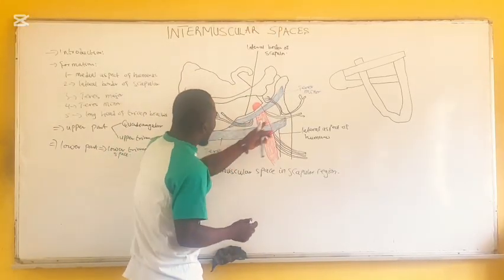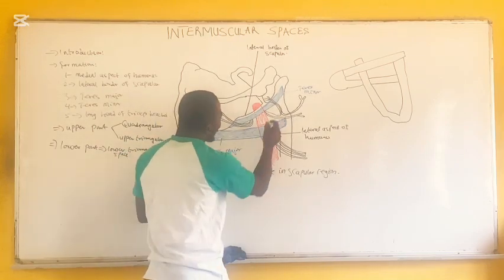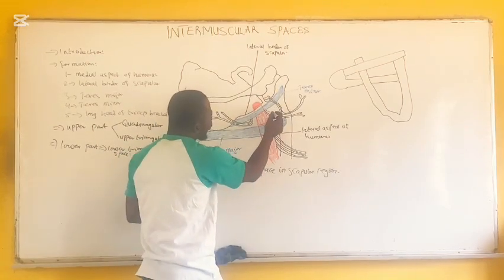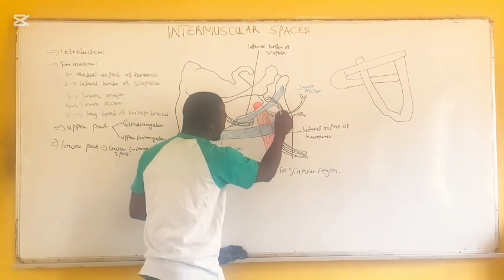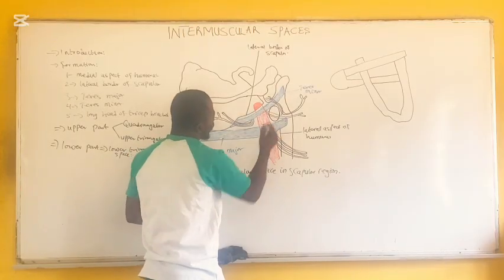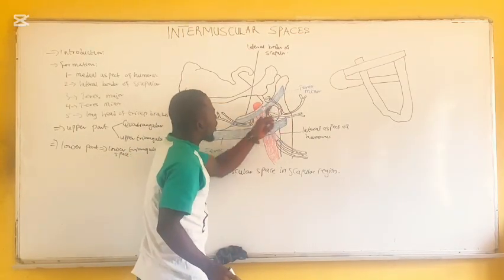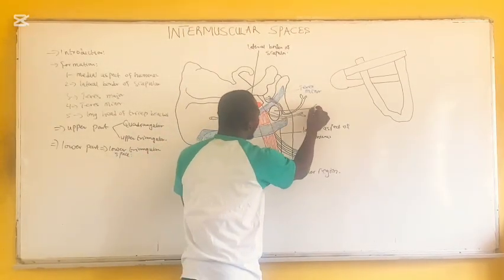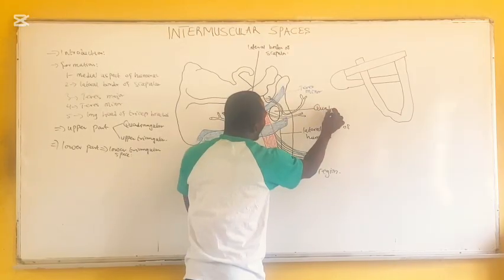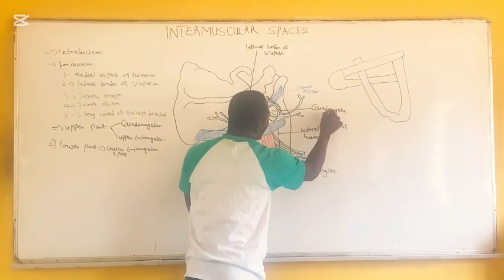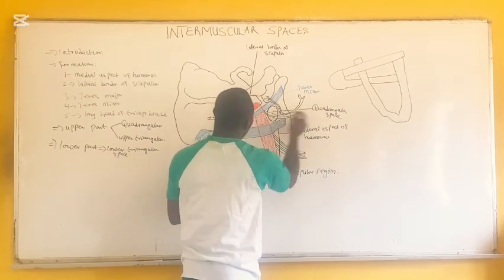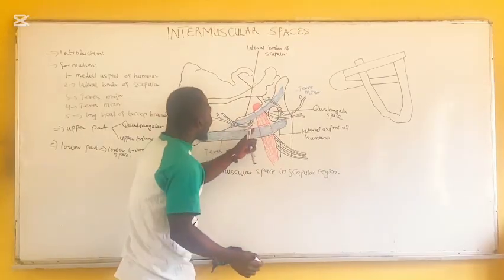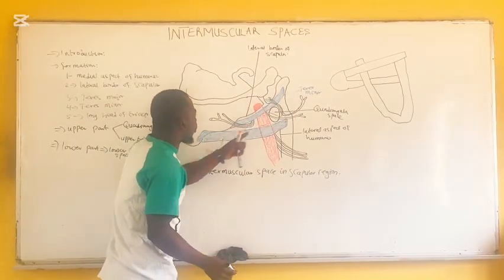So now, above here, we have the upper quadrangular space. This space here is our quadrangular space, which is at the lateral side, and medial to it, there is the upper triangular space.